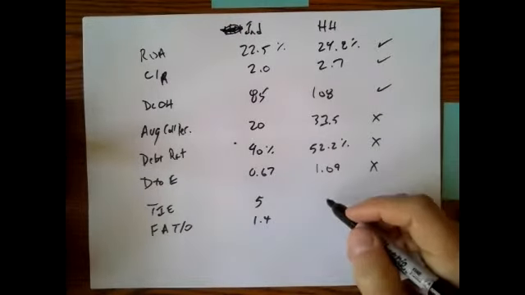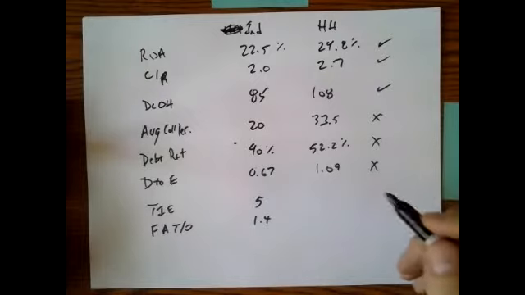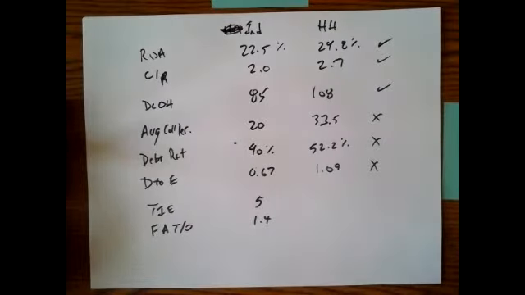Times interest earned is how much earnings they have with respect to their interest expense. So that's the EBIT, the earnings before interest and taxes. So we start with our net income, add back our interest payment and our taxes if we have any. In this case, they don't. They just have an interest payment. So their net income is 14.2.